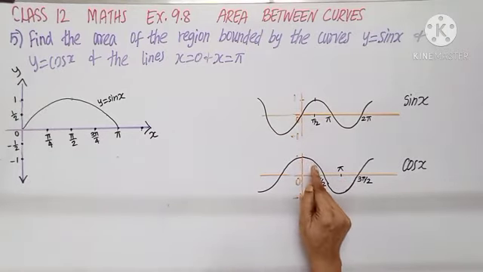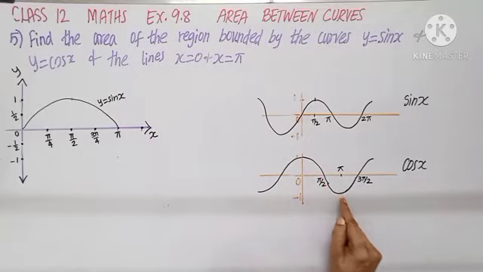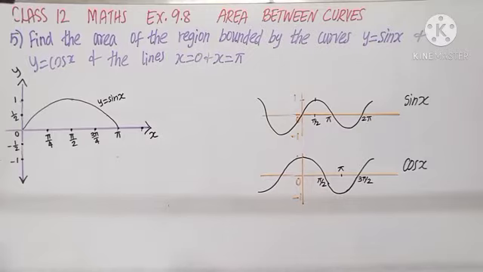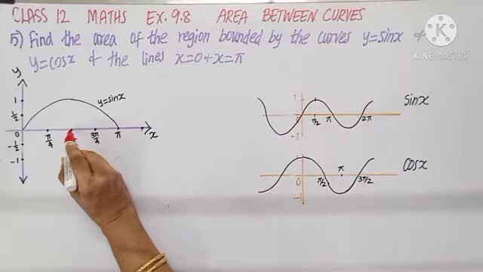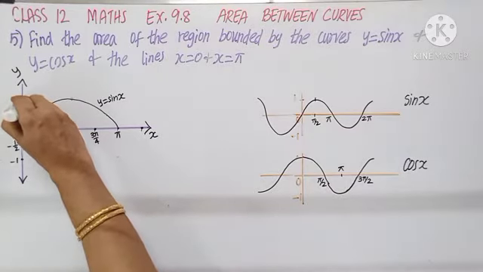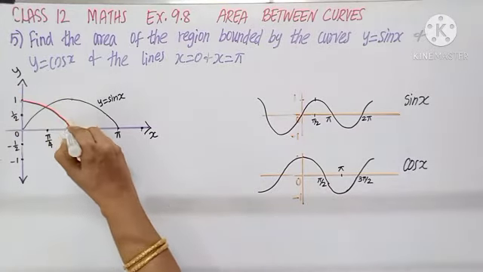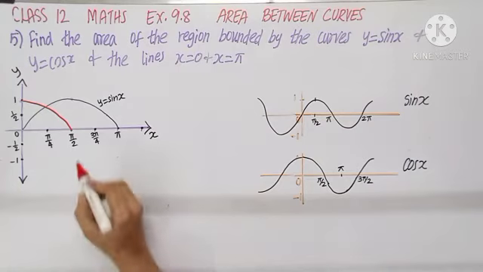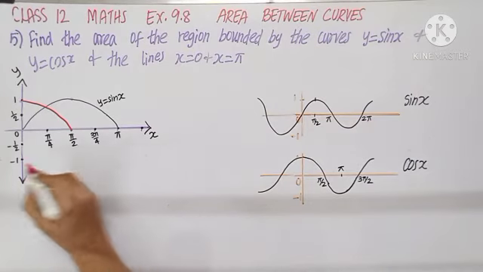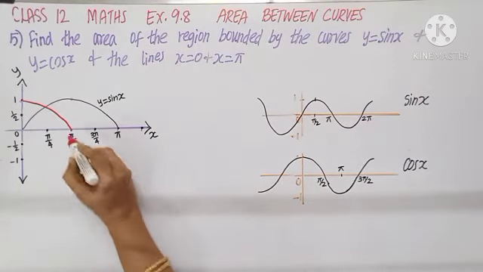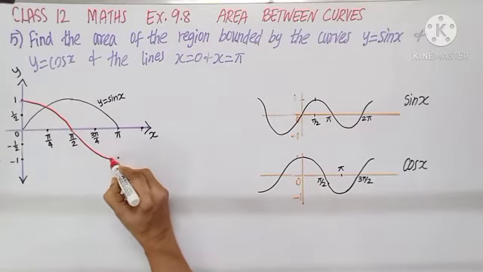It passes through pi by 2 up to pi, where it comes to minus 1. From 1 I drop, cutting at pi by 2, and at pi the value is minus 1. So it goes like this.